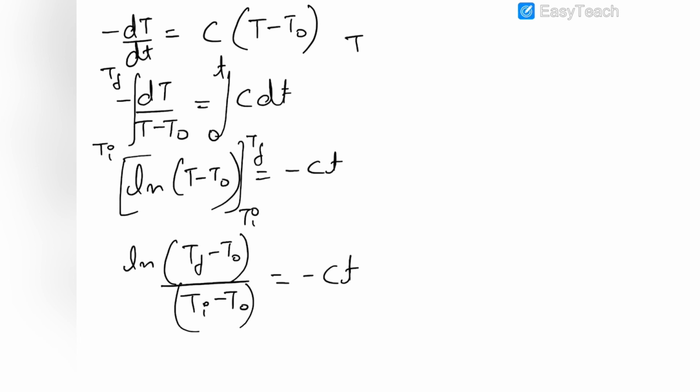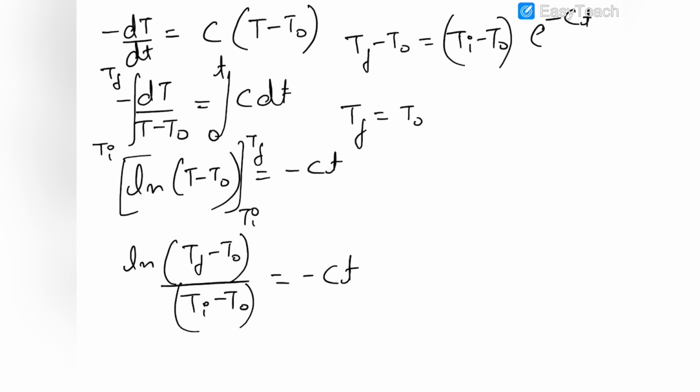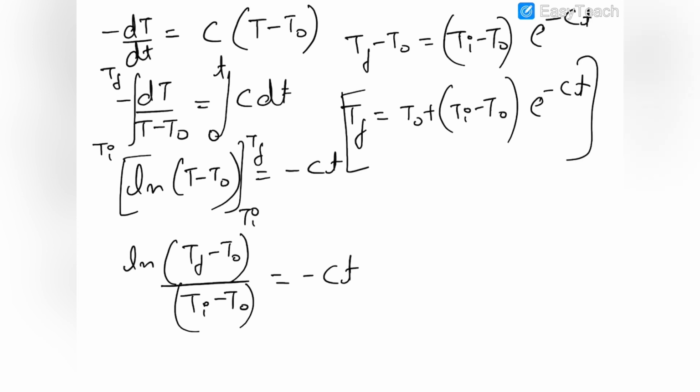So T final minus T naught is equal to (T initial minus T naught) into e to the power minus ct. So T final is equal to T naught plus (T initial minus T naught) into e to the power minus ct. This is the final expression of the temperature.